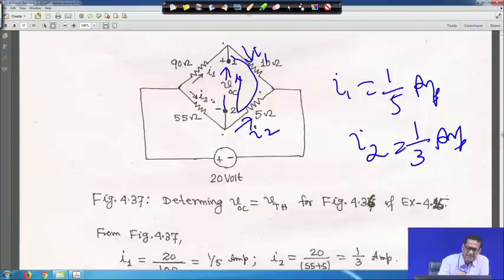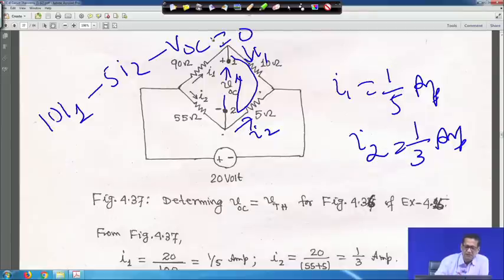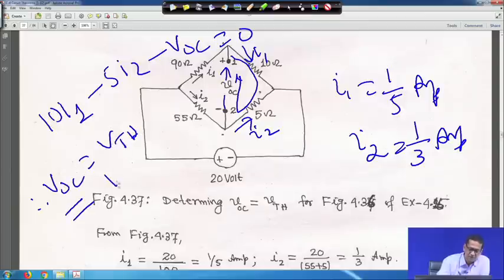So it will be 10 I1 minus 5 I2, because we are moving this way but the current goes the other way, minus VOC equal to 0. That means VOC, which is V Thevenin, is equal to 10 I1 minus 5 I2.